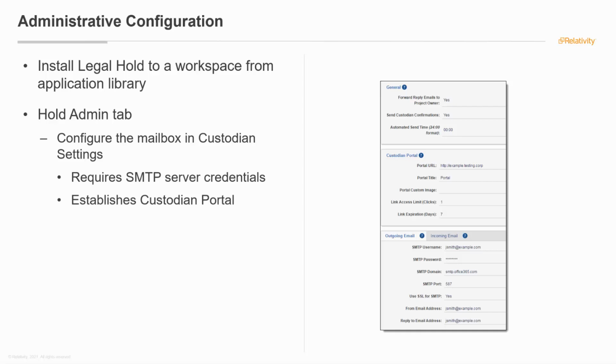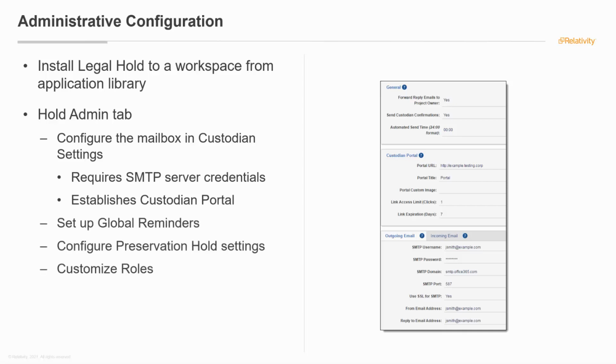More details on these settings can be found in documentation. You can also schedule global reminders, configure preservation hold settings, and customize roles under the Hold Admin tab. Lastly, you may want to customize security of the legal hold application. These are some of the first time setups before creating your first projects.